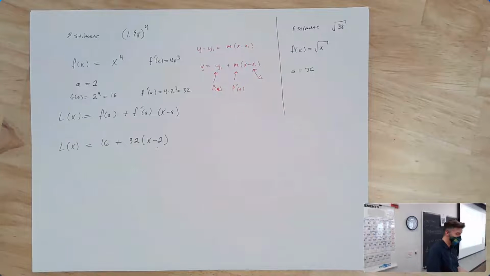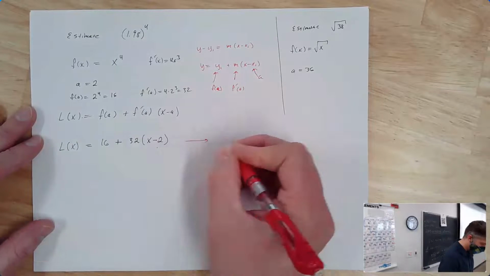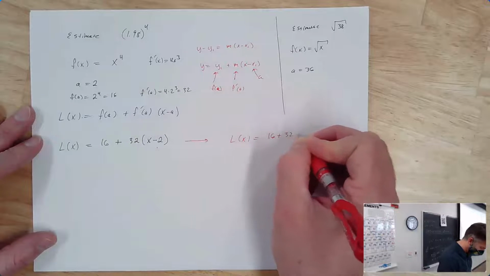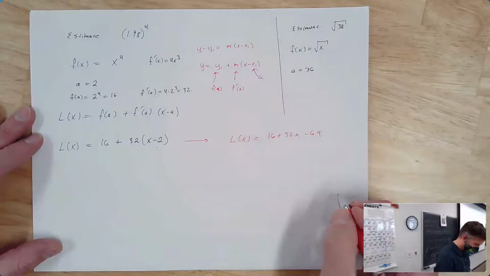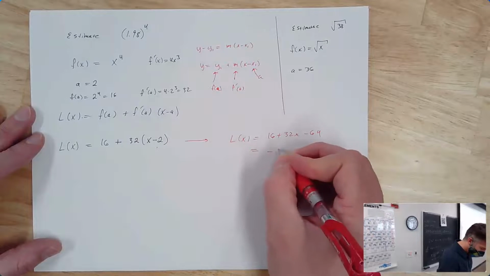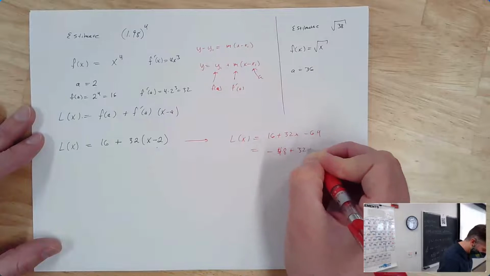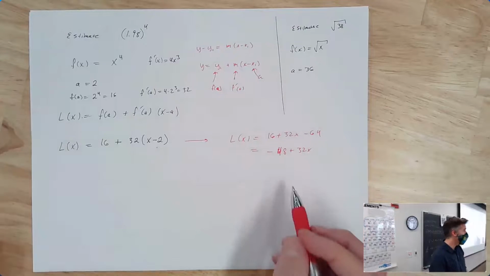Again, I want to point out to everybody, you really don't want to simplify this. It is not helpful to know that this is going to be L of x is 16 plus 32x minus 64, which is then negative 48 plus 32x. You really don't want this.